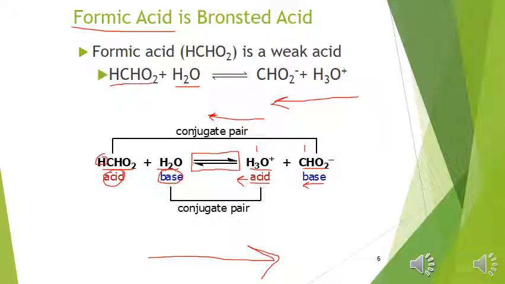All right, so what you can see is the acid turns into a base, and the base turns into an acid. And these are called conjugate pairs. So if you have the double arrow, that means the reaction can go back and forth, the acid will always turn into a conjugate base, and the base will turn into a conjugate acid.